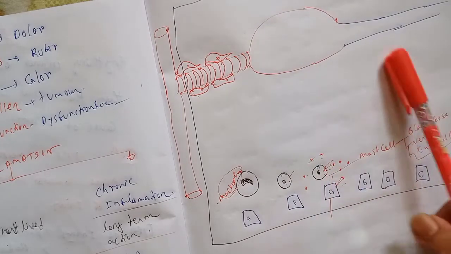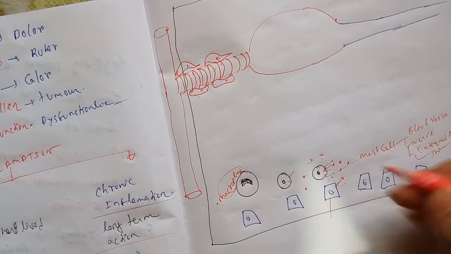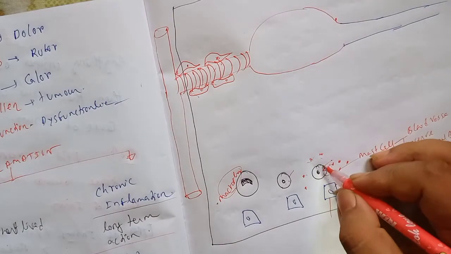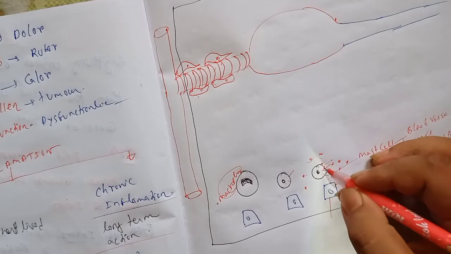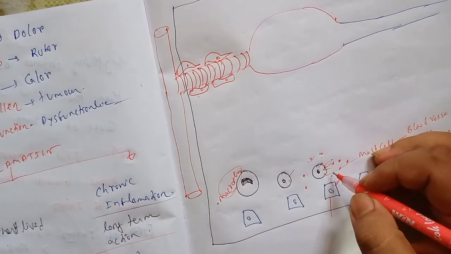Now, guys, whenever any bacteria or pathogen comes here and invades our body cells, in the membrane of the stromal cells and the parenchymal cells there are some enzymes.